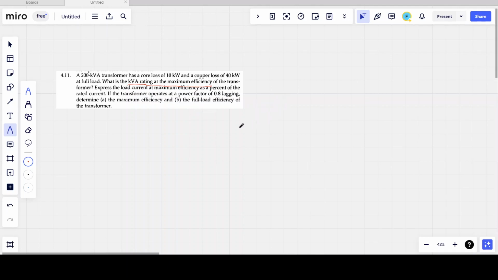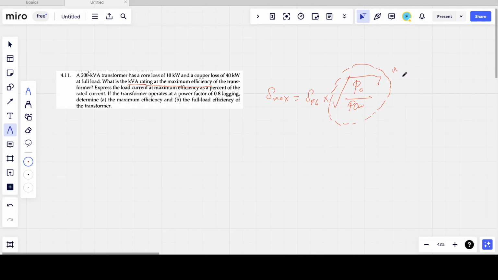So what is going to be S max? S max is given to us as S full load multiplied by the square root of PC over PCU. And we have discussed before that this square root of PC over PCU is what we also refer to as N, right?